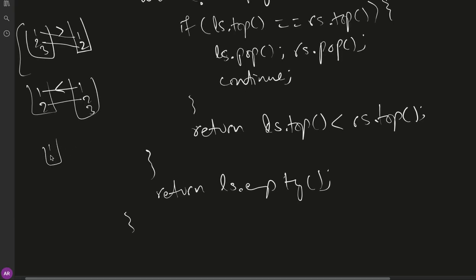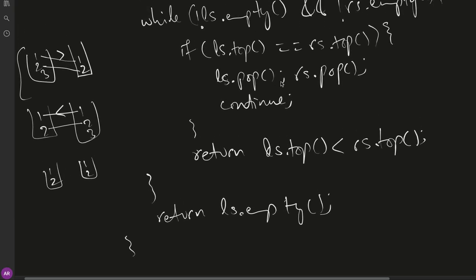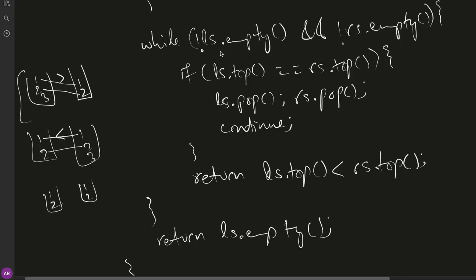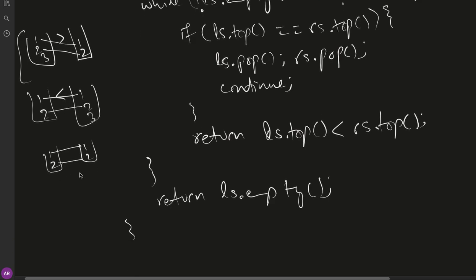But what if both the stacks have the same number of values? So 1 would be compared against 1, we will pop these values. 2 would be compared with 2, we will pop these values, and the left side would become empty. But in this case we should return false because both the stacks are equal.